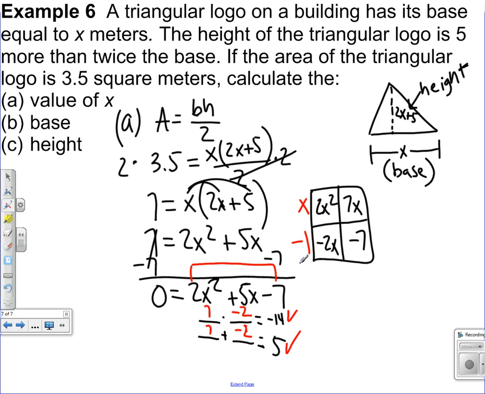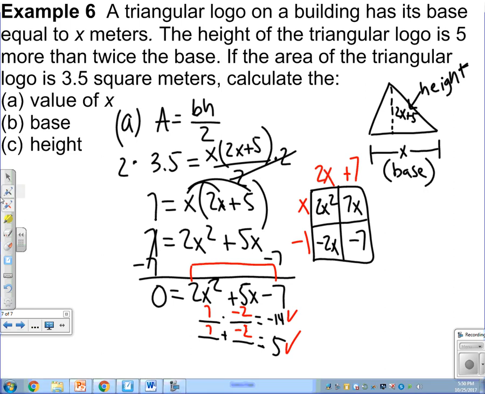We can't take any x's out because this box has an x, this last box does not. Too bad, so sad. Move on. First column, GCF of 2x squared and 2x is 2x. GCF of 7x and negative 7 is positive 7. Again, remembering to factor out the sign closest to where we are factoring. That 7's positive, so we take out a plus, and it just also happens to be 7 that we're factoring out as well.